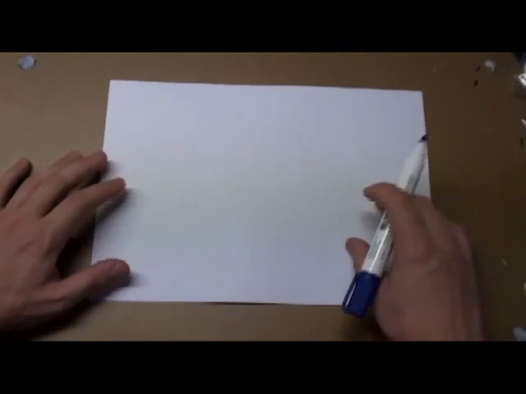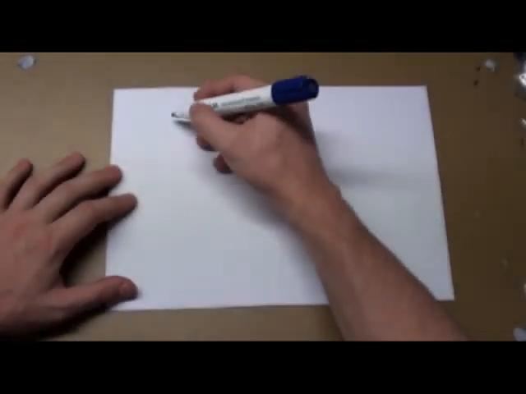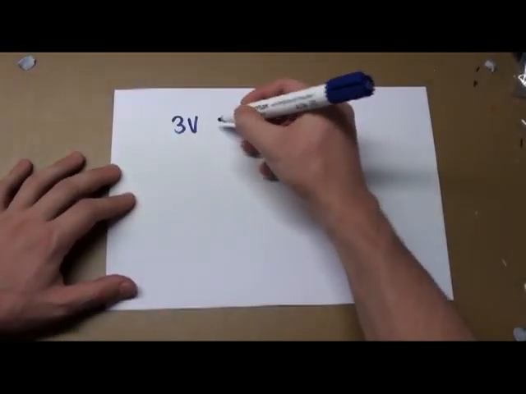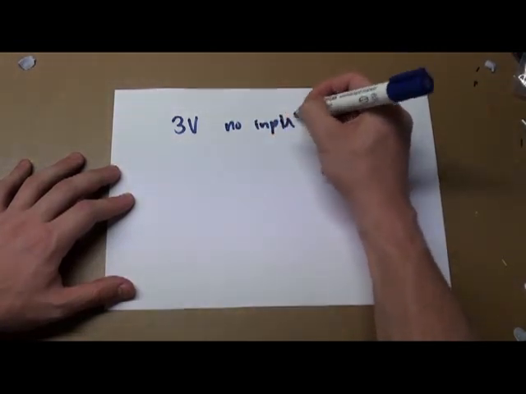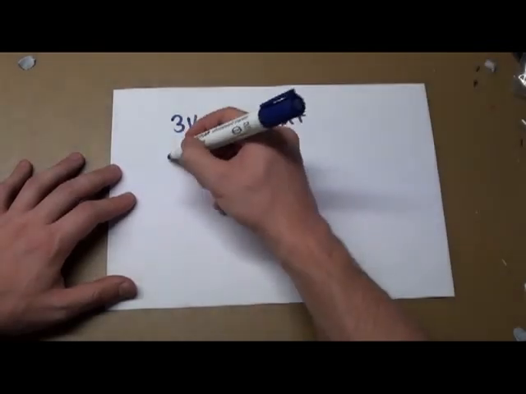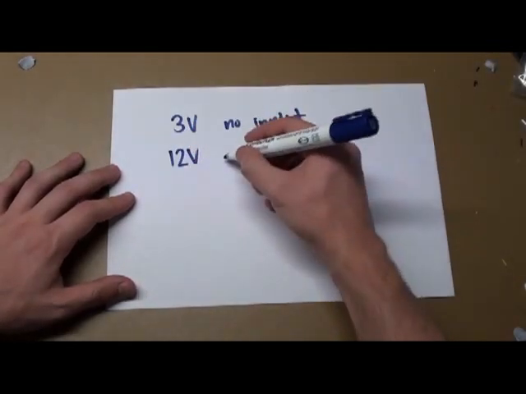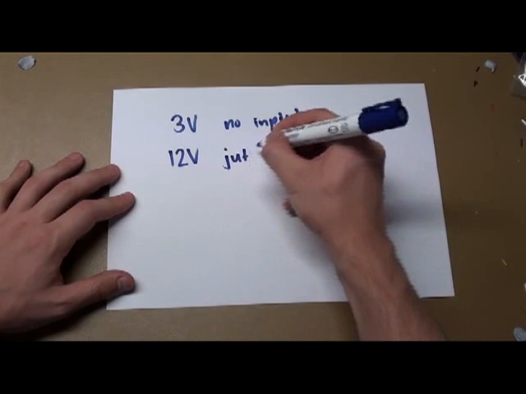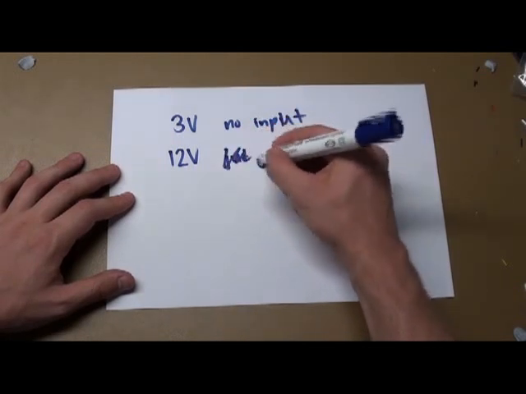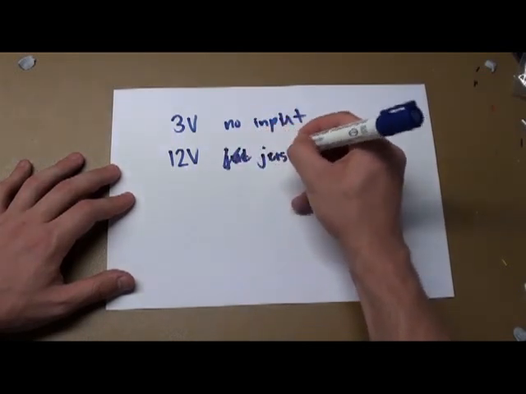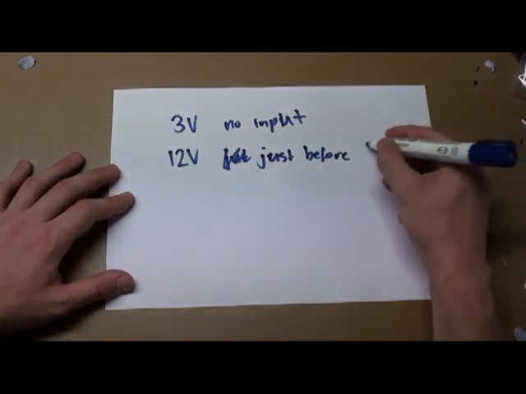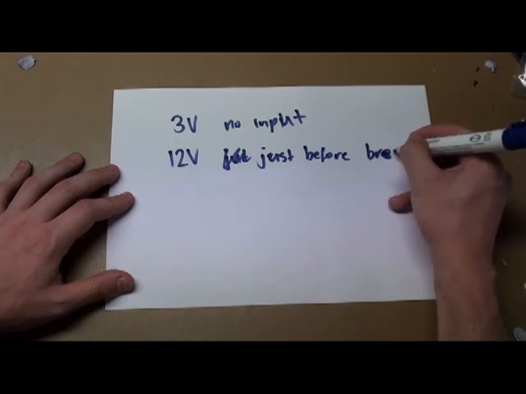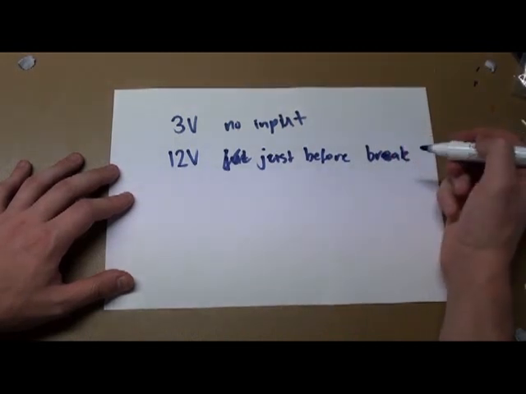So in the context of the project, what we really want is 3 volts for no input, and we want 12 volts just before breakage.